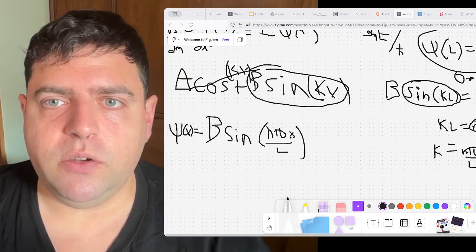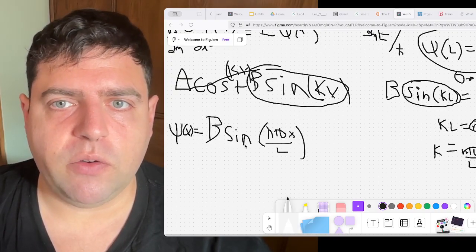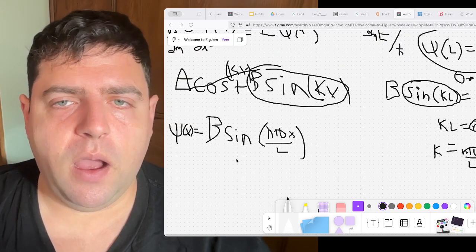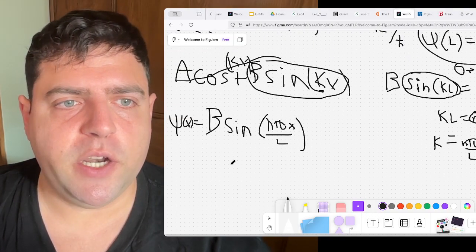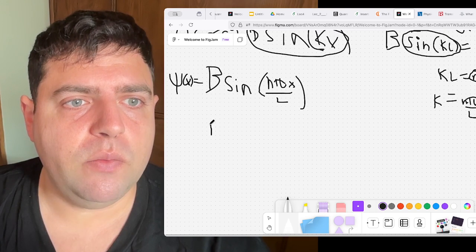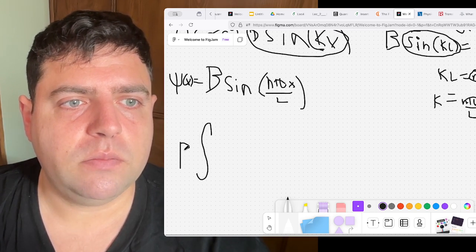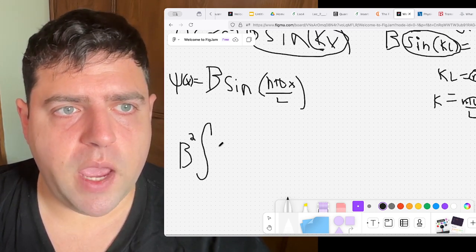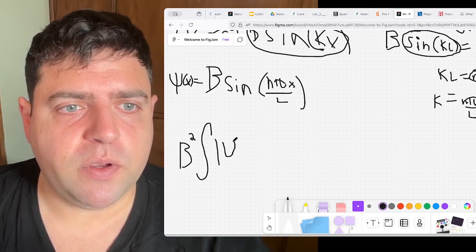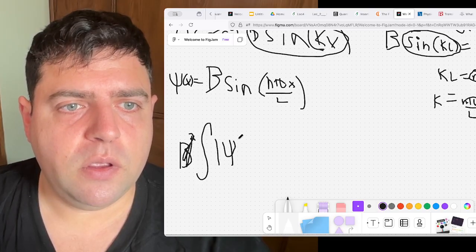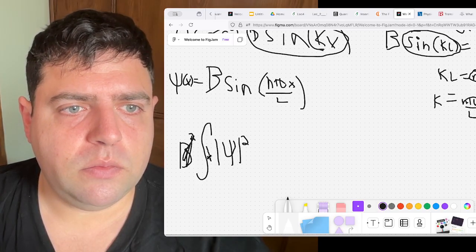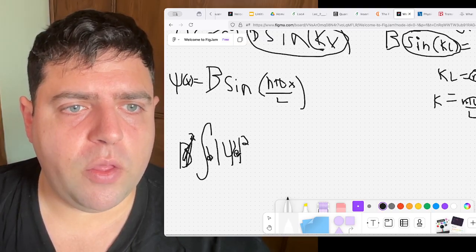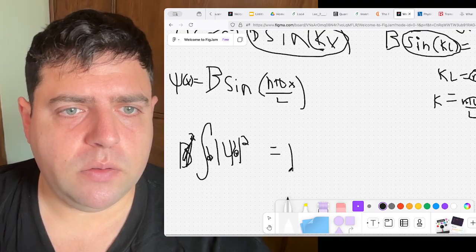So we're dealing with a continuous variable here, x. So we're going to be using an integral rather than a sum here. So we're going to do some integration here. We have to integrate the wave function. And what we actually want specifically is, we want all the probabilities to add up to 1, right?